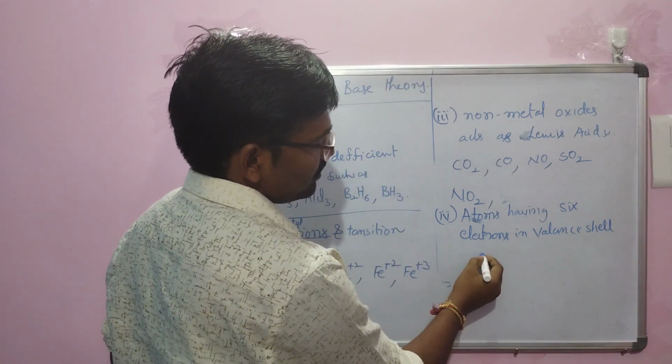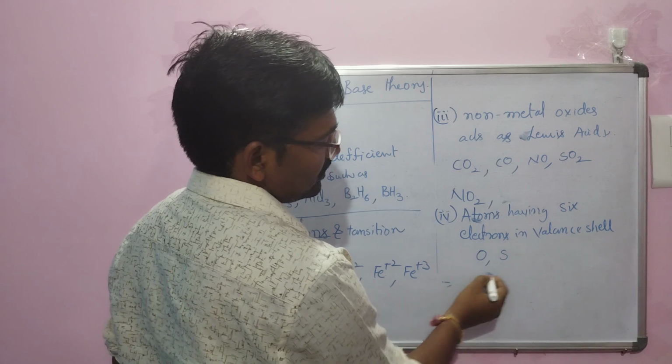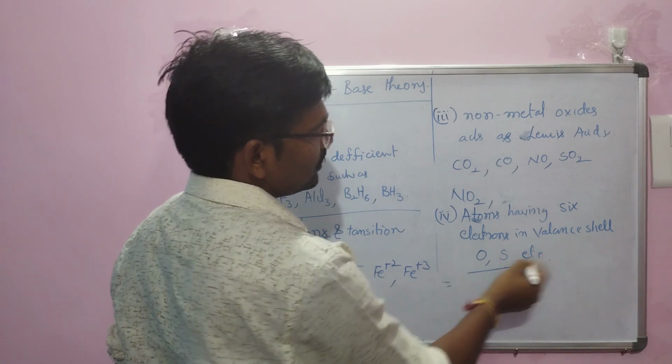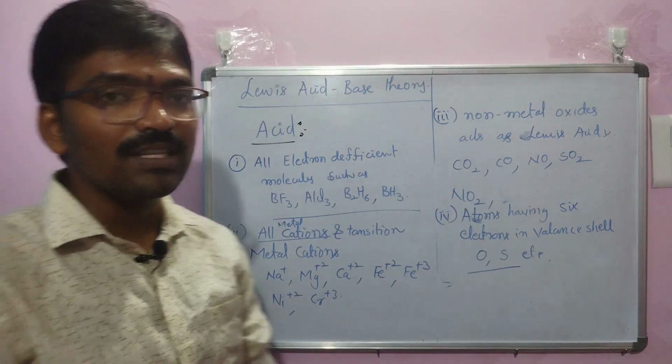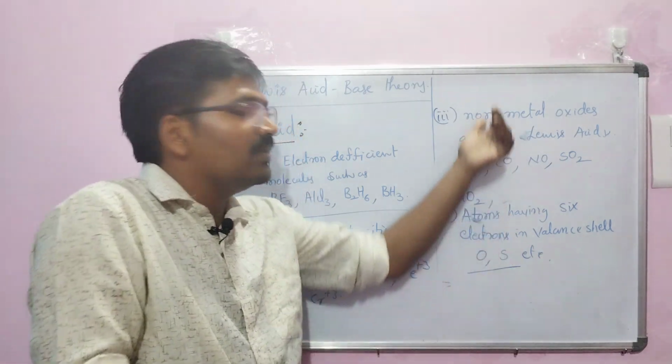These are also Lewis acids, for example oxygen, sulfur, and so on. So these all are atoms which have 6 electrons in their valence shell, and they also act as Lewis acids.